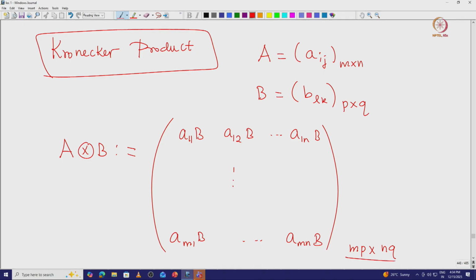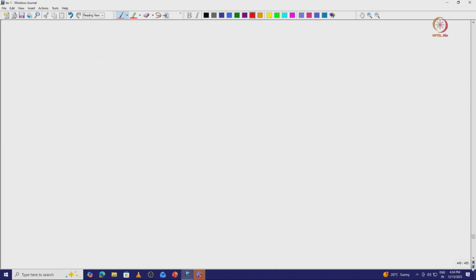Then we get this mp times nq dimension matrix. So, how is AijB defined?